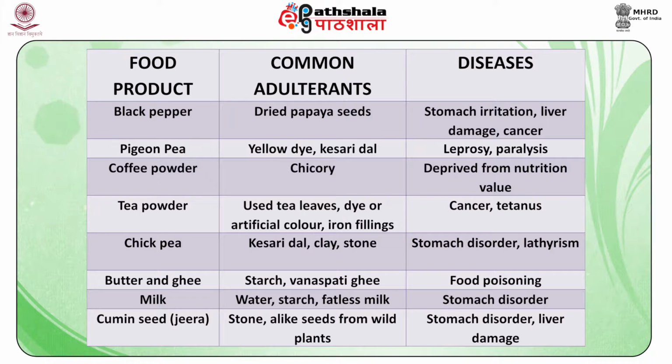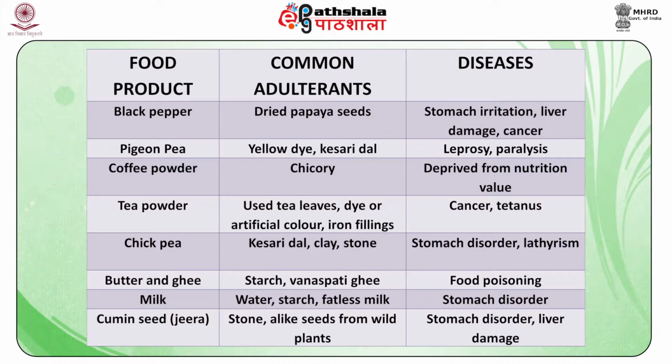Now, the second product is pigeon pea. Its common adulterants are yellow dye, kesari dal, and the diseases are leprosy and paralysis. For coffee powder, the common adulterant is chicory, and the disease is deprivation of nutritional value.